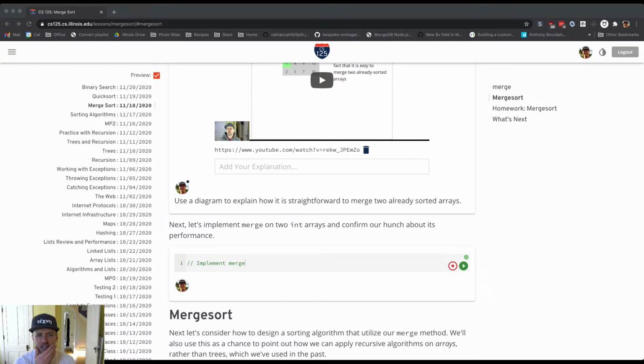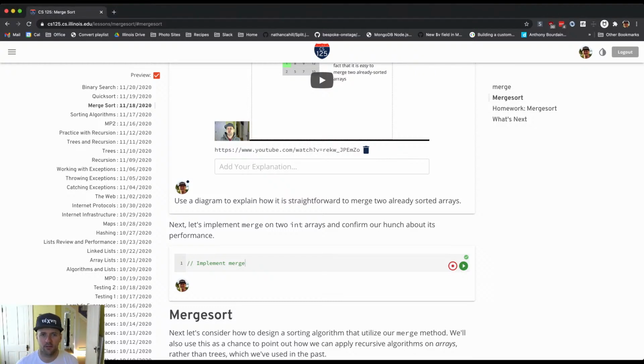All right, questions about merge sort or about other sorting related things? We can look at sorting stuff. We could do merge sort using a different approach. Anything is fair game.